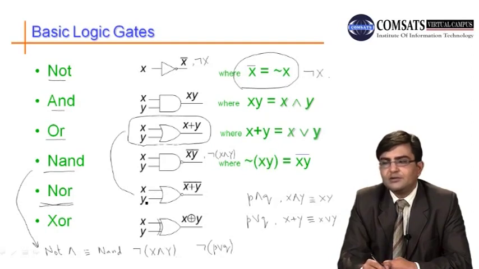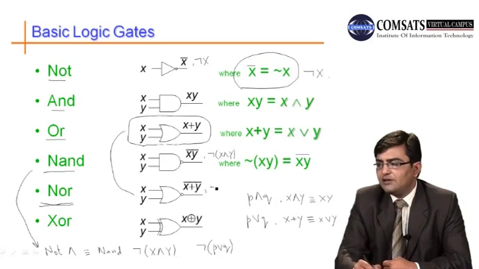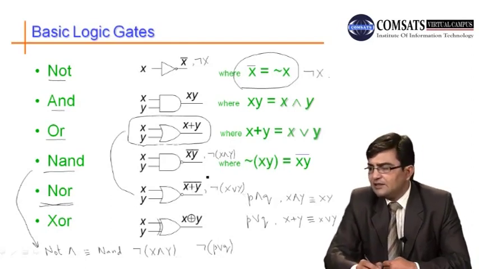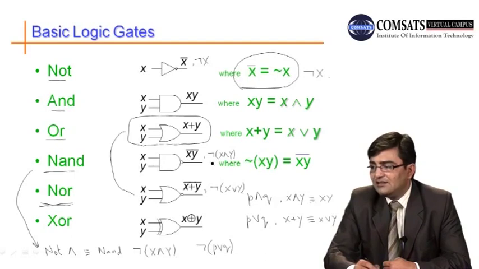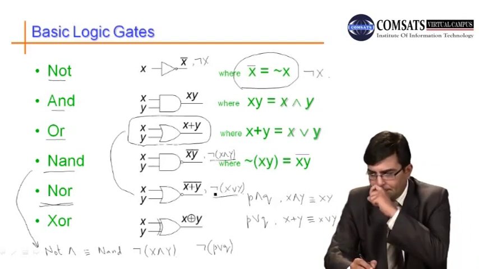It also has two inputs, X and Y, and the output is not X or Y. In logic gates, the symbolic representations of disjunction and conjunction are slightly different, but we can represent them in this way, not X and Y and not X or Y.